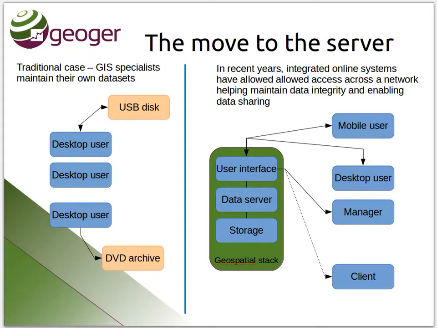Depending on what type of user you are, whether you're a manager or a power user or someone out in the field, you can have access to different data, and you can process it in different ways. And it might be that you can also open some of that out and supply it to your client in different ways as well, depending on what you want your client to do with it.